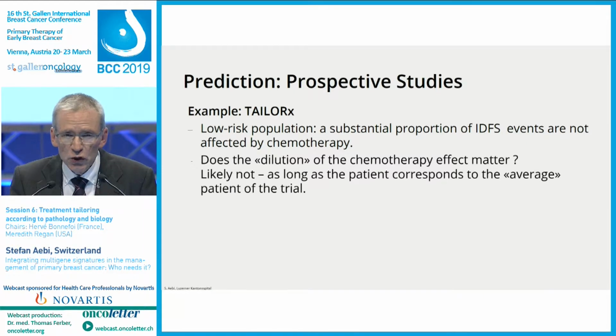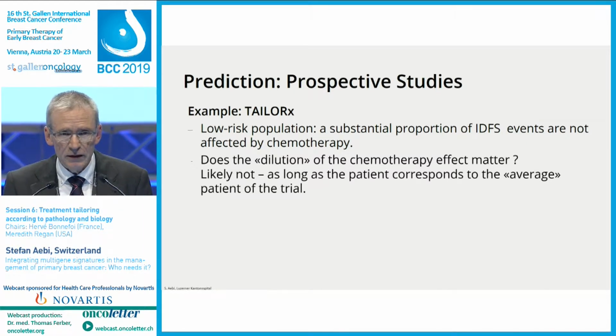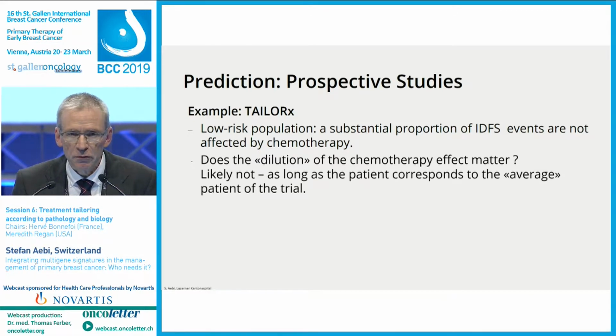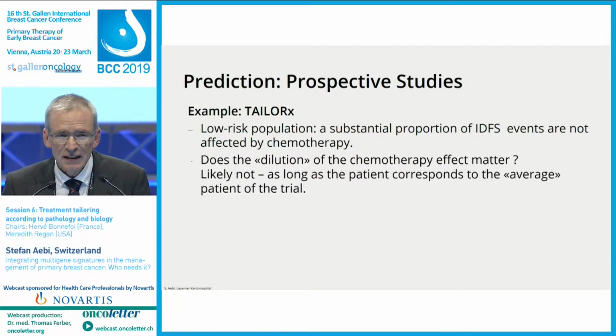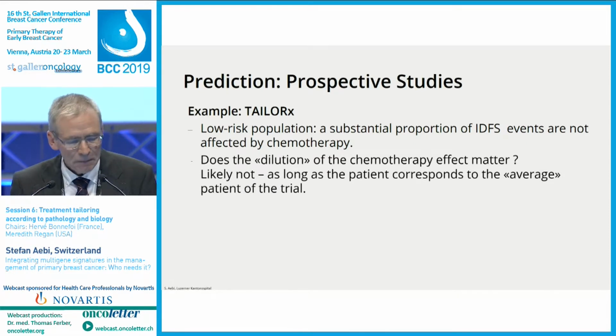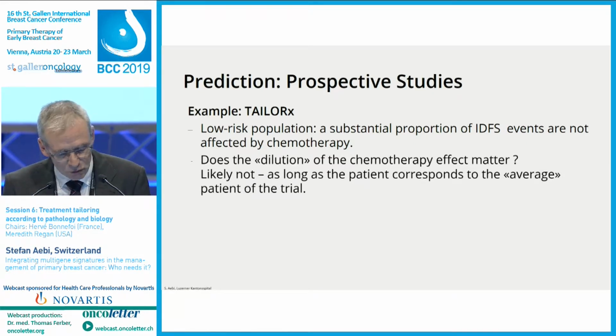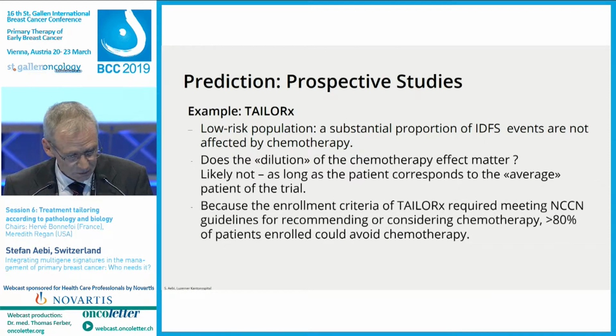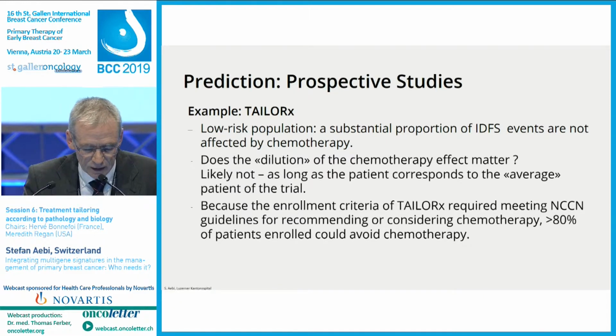However, in addition to speculations we've heard yesterday about younger patients potentially benefiting from chemotherapy as maybe an effect of premature menopause, it is also possible that younger patients had fewer second cancers, and this could make the effect of chemotherapy more visible, more easy to detect. So as long as your patient corresponds to the TAILORX population, it doesn't matter. But if not, you should be aware of this limitation.